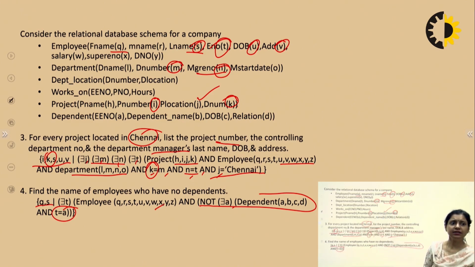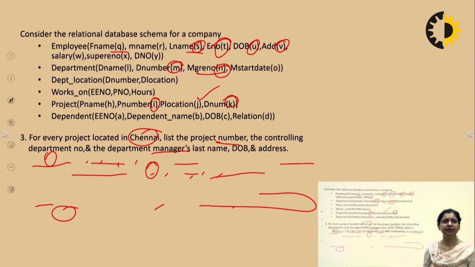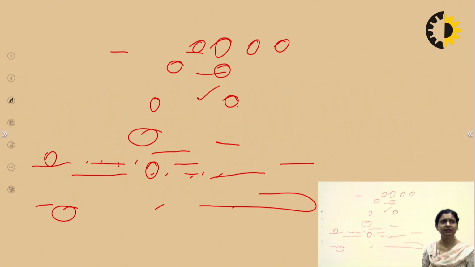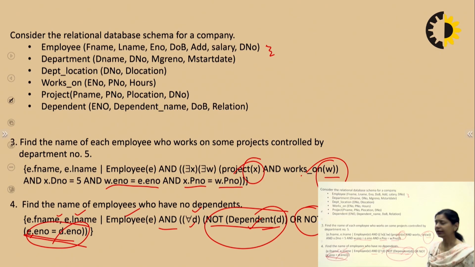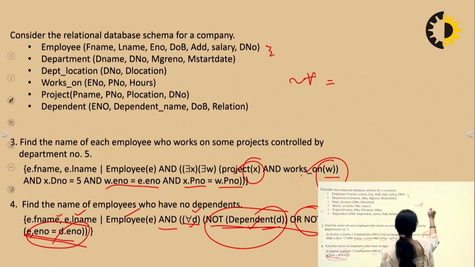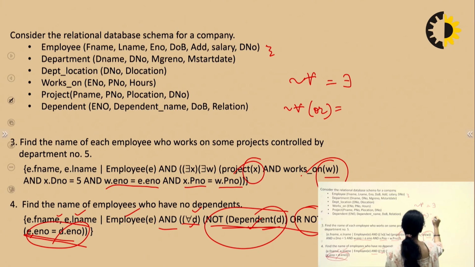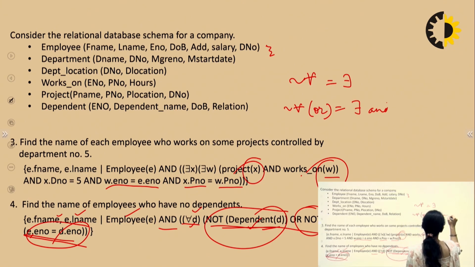Now here is a difference. If we look into the previous one, in the previous table we have seen that here we had for all with not of dependent over here. We know that negation of for all is always there exist. So when I say the negation of for all on or, we always get there exist with and.